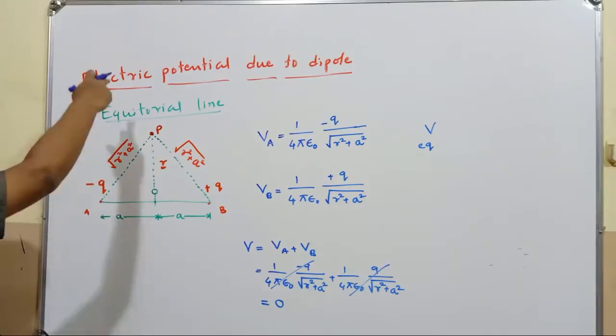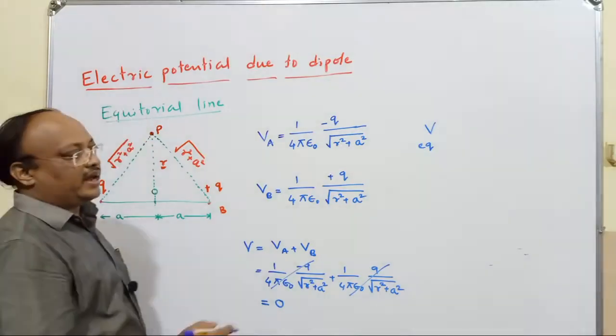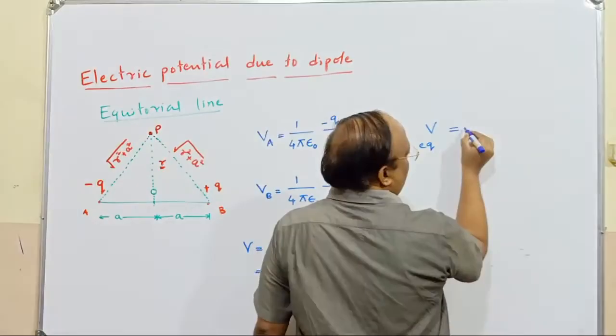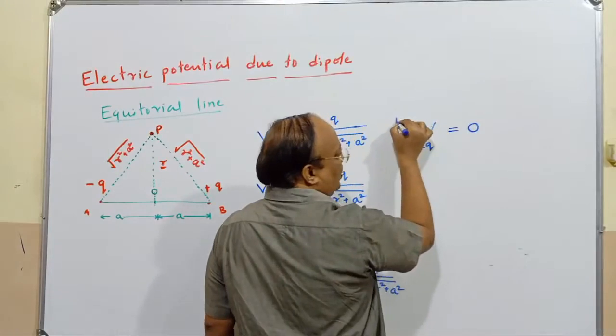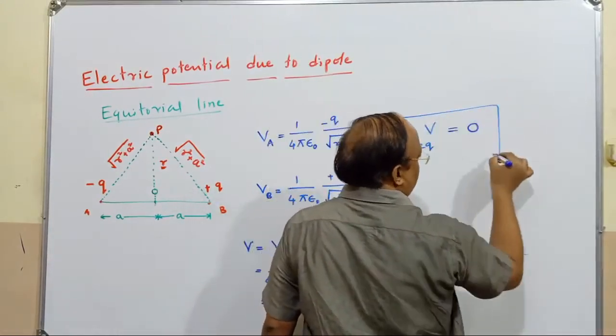So anywhere on the equatorial line, the potential due to a dipole will come as 0.